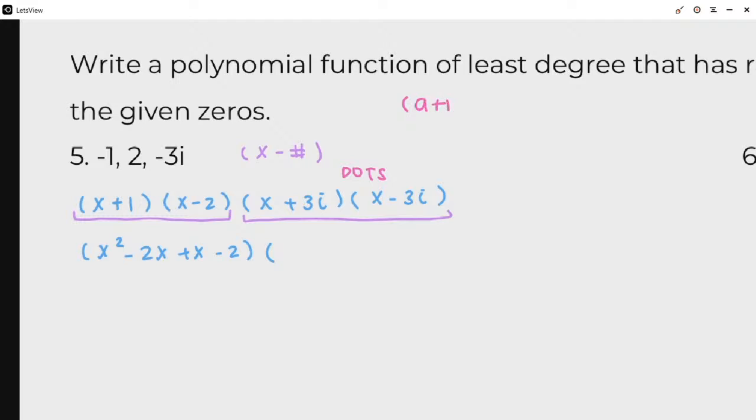So that's a plus b times a minus b equals a squared minus b squared. Okay, so that's going to be x squared minus 9i squared. And we know that i squared is -1, so this is really x squared plus 9. Okay, and then we can simplify the first part to x squared minus x minus 2.